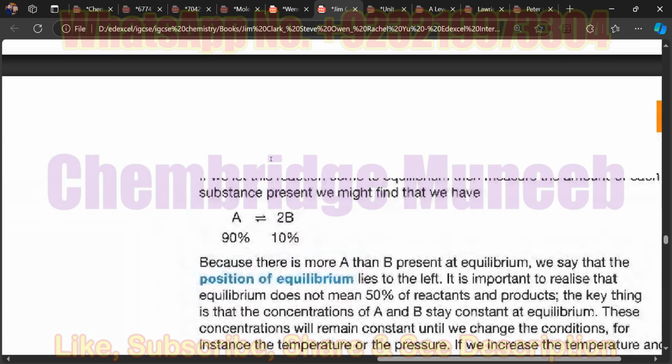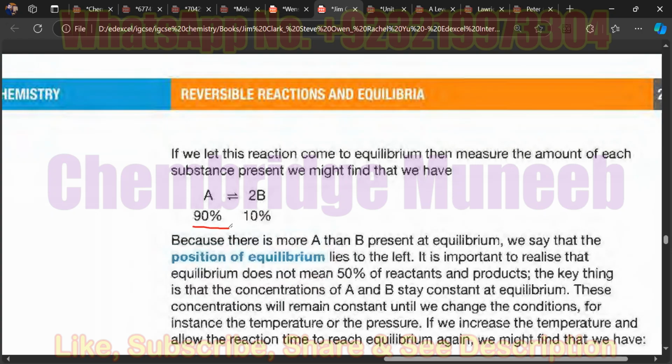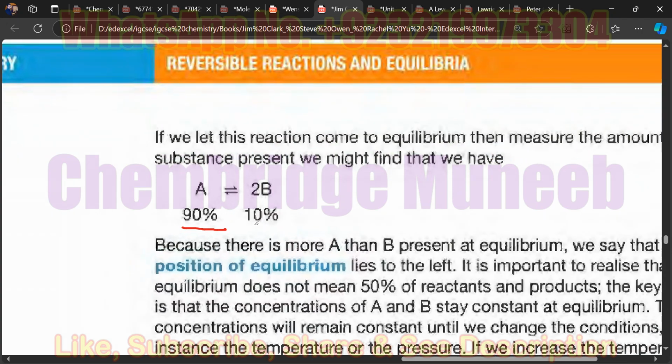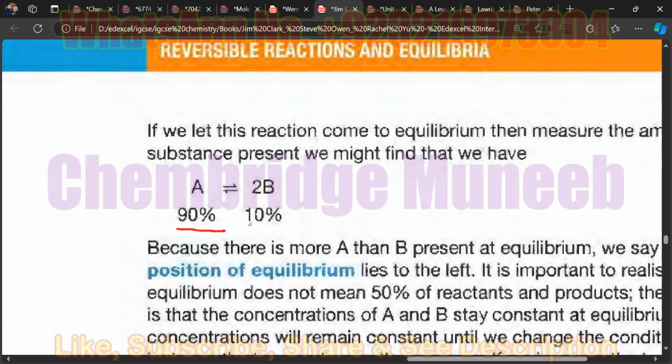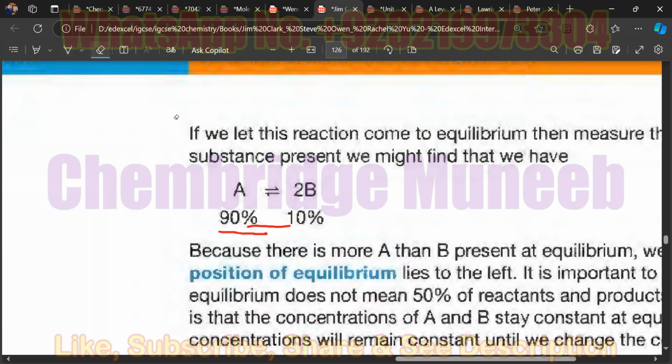Let's suppose we have A, and the percentage of A is 90% and the percentage of B is 10%. It means that more amount of A is present in the mixture.